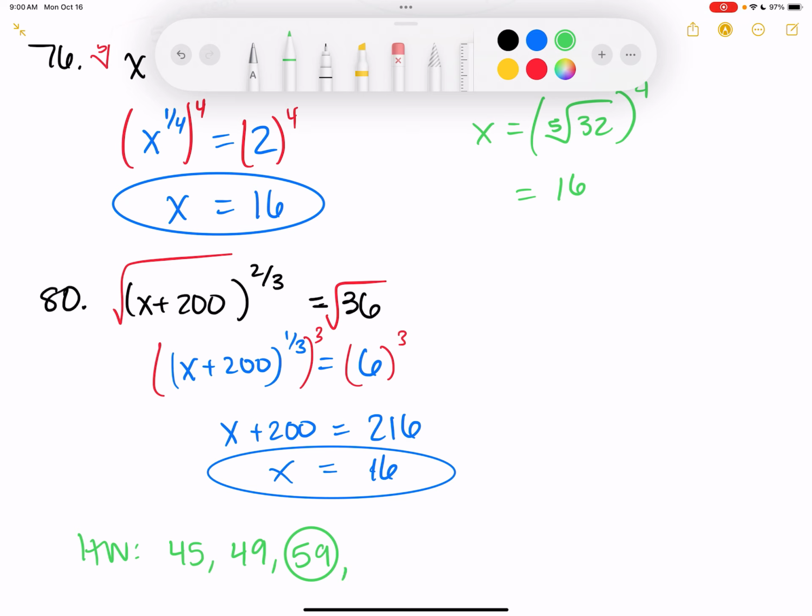And then 75 and 79, which would be like what we just finished doing here in 76 and 80. And I think there were notes for 1.7, pretty sure. You do need to make sure you have those done for tomorrow.